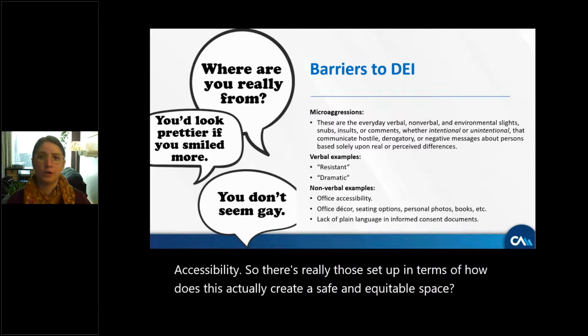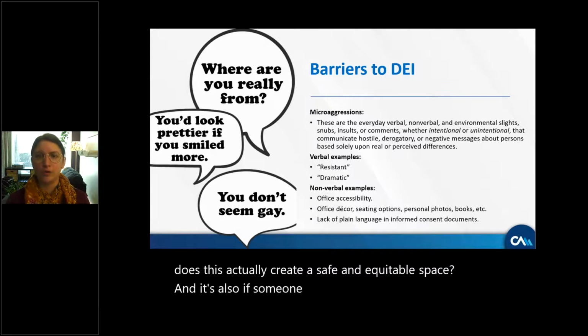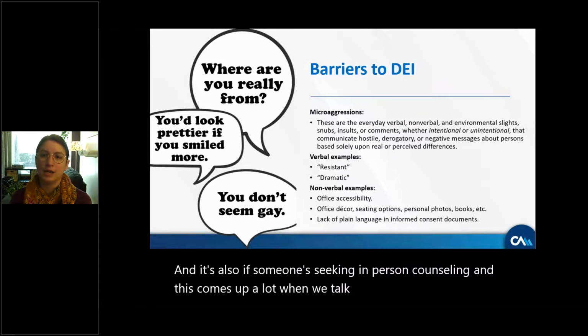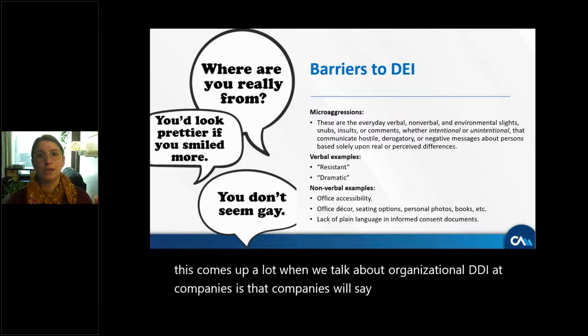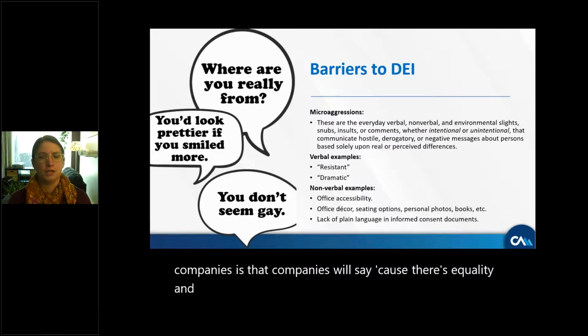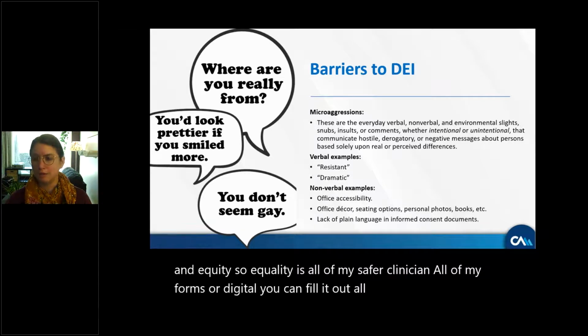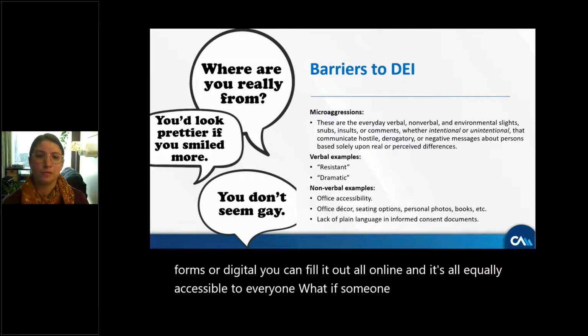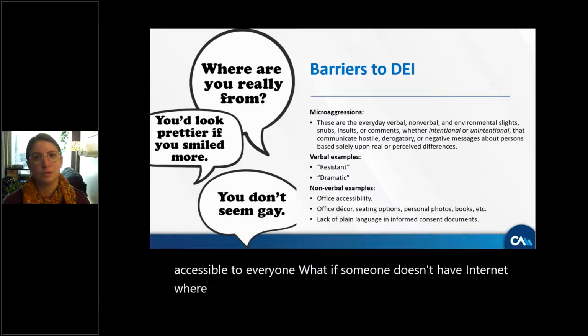And it's also, if someone's seeking in-person counseling, and this comes up a lot when we talk about organizational DEI at companies, because there's equality and equity. So equality is, say for a clinician, all of my forms are digital, you can fill it out all online, and it's equally accessible to everyone. What if someone doesn't have internet where they live, or doesn't have access to a computer?